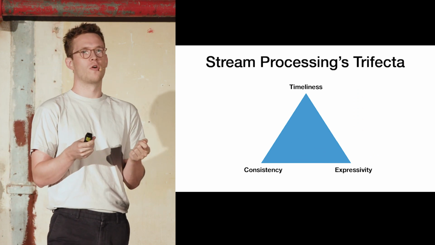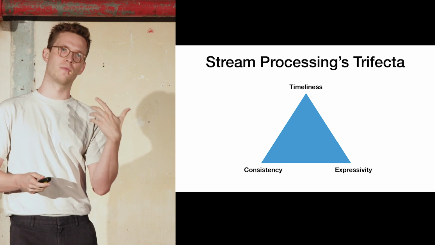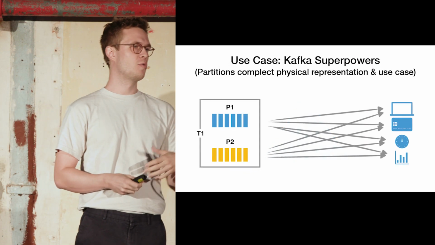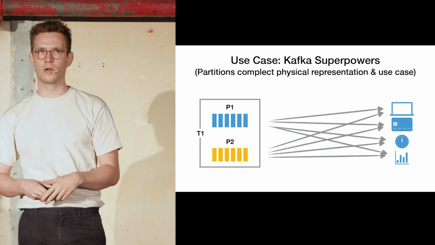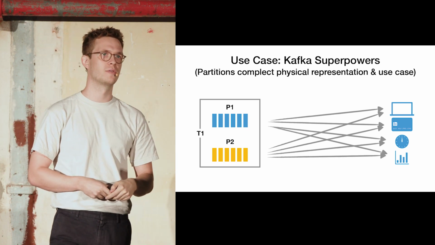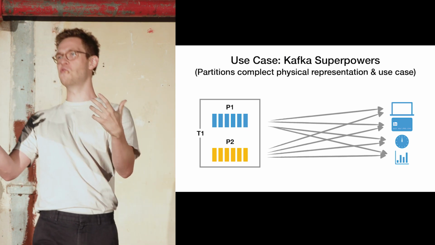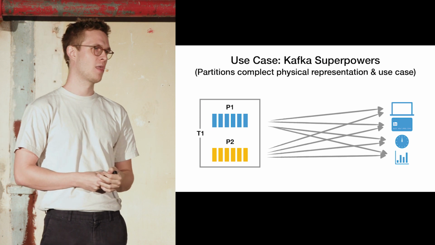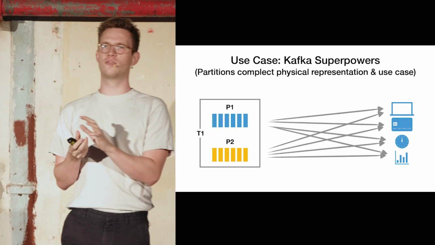And maybe also, why do we even care? To motivate that a little bit more, we're introducing a small use case we're going to come back to time and again during this presentation, which should give you Kafka superpowers. And it's not entirely true that this is new.